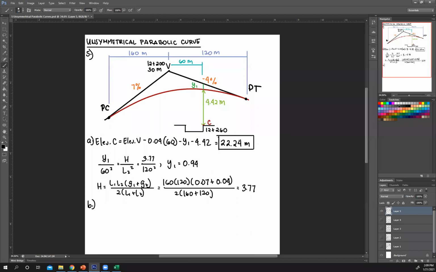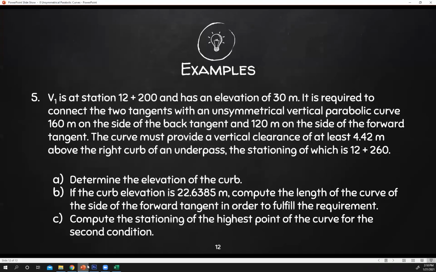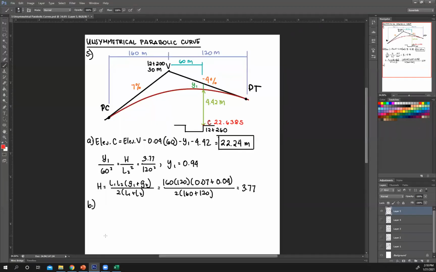So the elevation of this now is 22.6385. And knowing that, the question is, what is now the new length of your curve, or the length at the side of the forward tangent? So we're looking for L2.